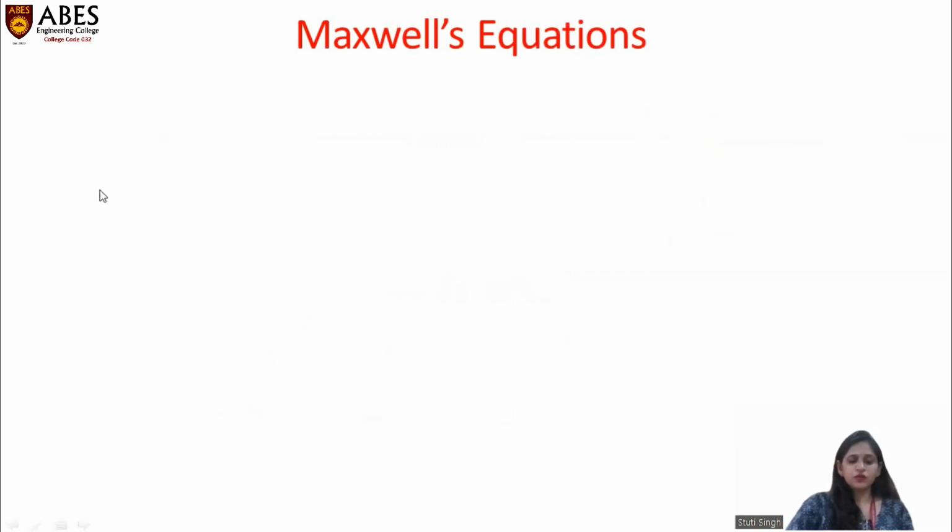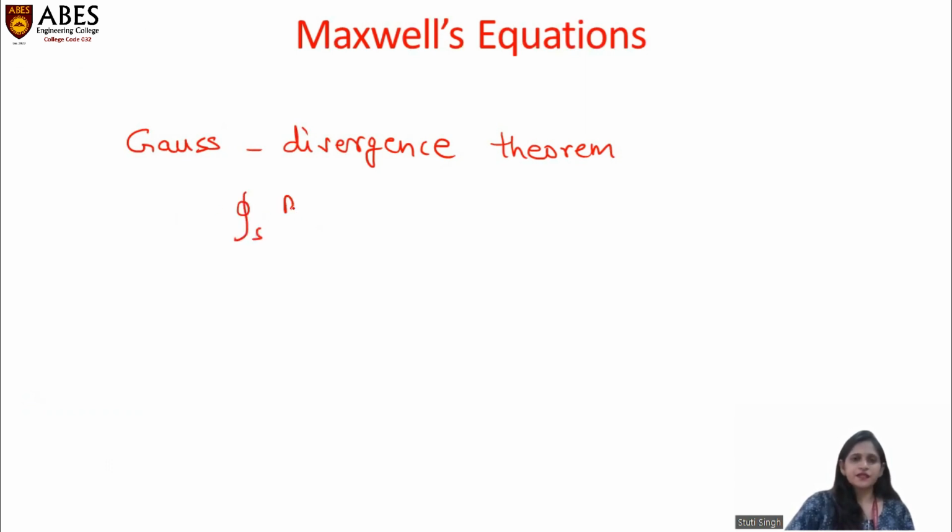Then now we will be using Gauss divergence theorem. What is the role of Gauss divergence theorem? Yes, very right. It converts surface integral into volume integral. So by Gauss divergence theorem, surface integral B dot dS will be converted into volume integral del dot B dV.